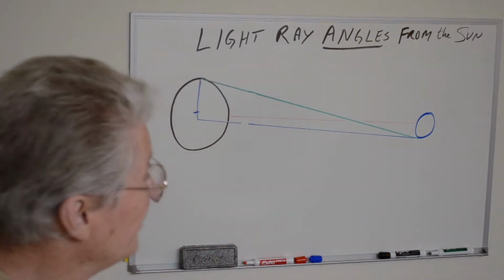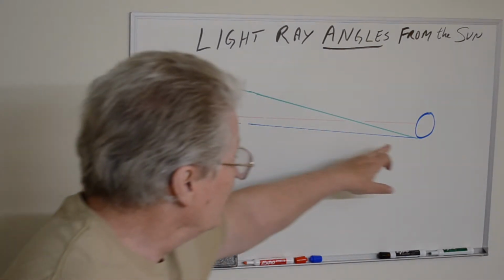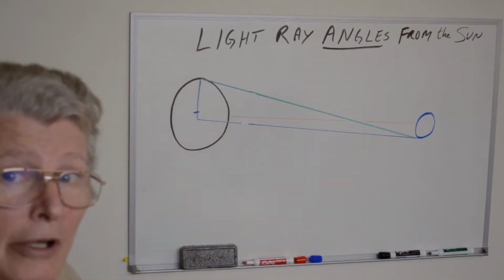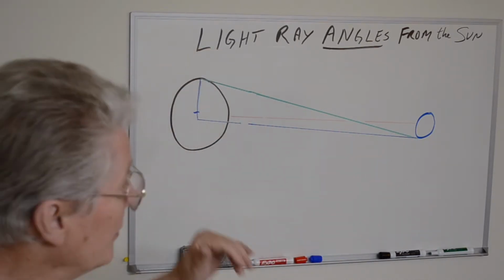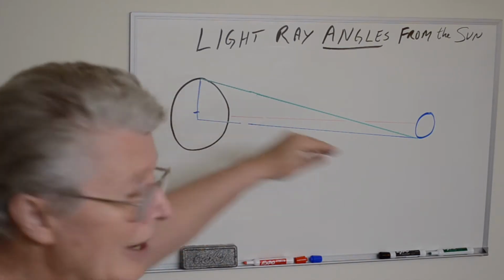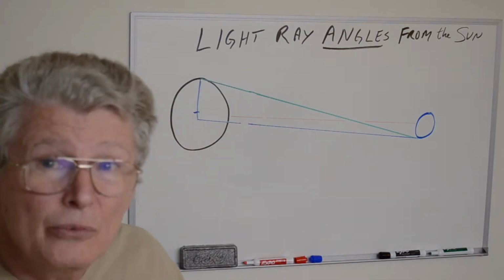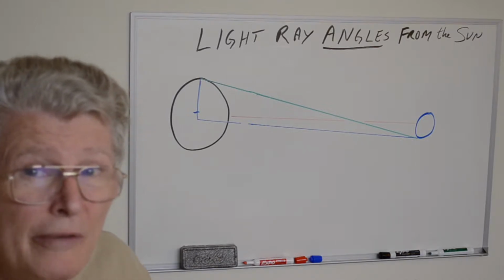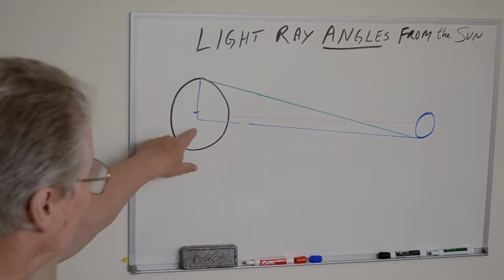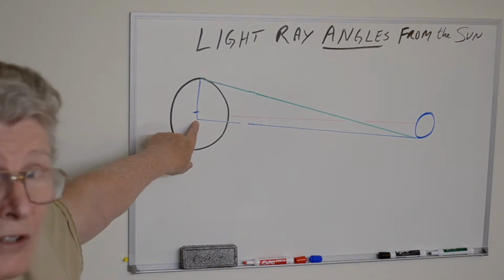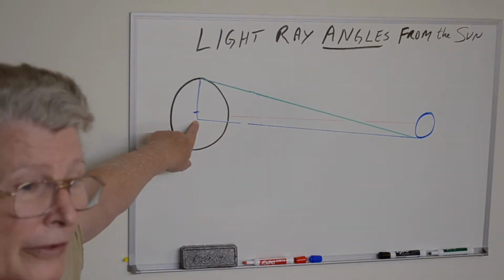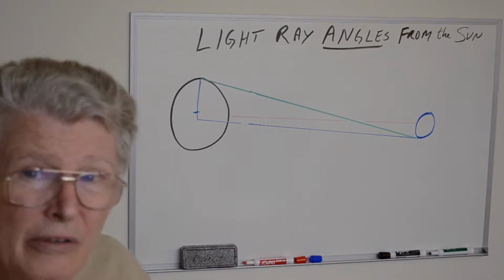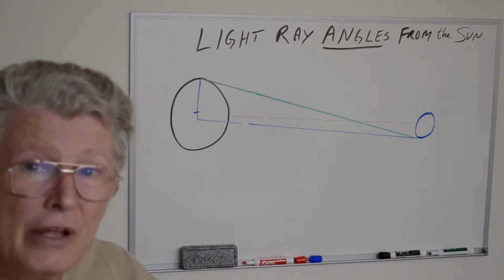So to figure out the angle that it's going to deviate from, looking back at the sun from that point on earth, the angle of arrival for that particular ray, the greatest deviation from 90 degrees will be referenced to a point on the sun which is one earth radius off from the actual center of the sun.